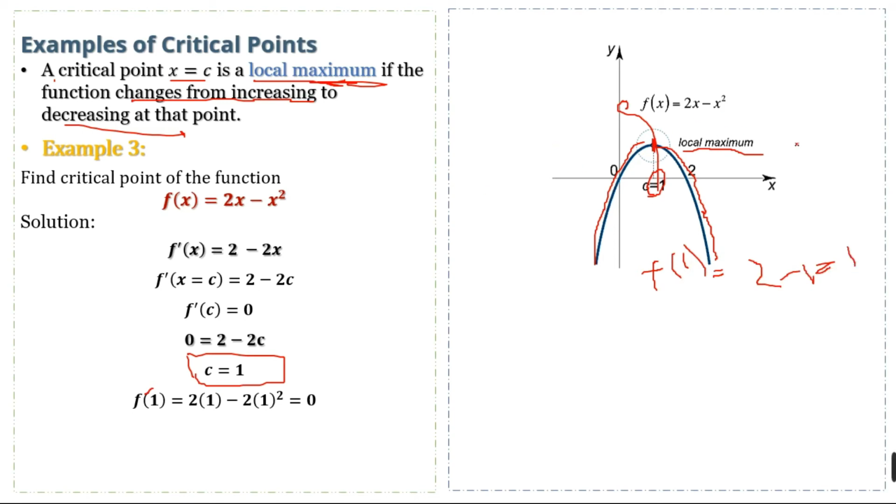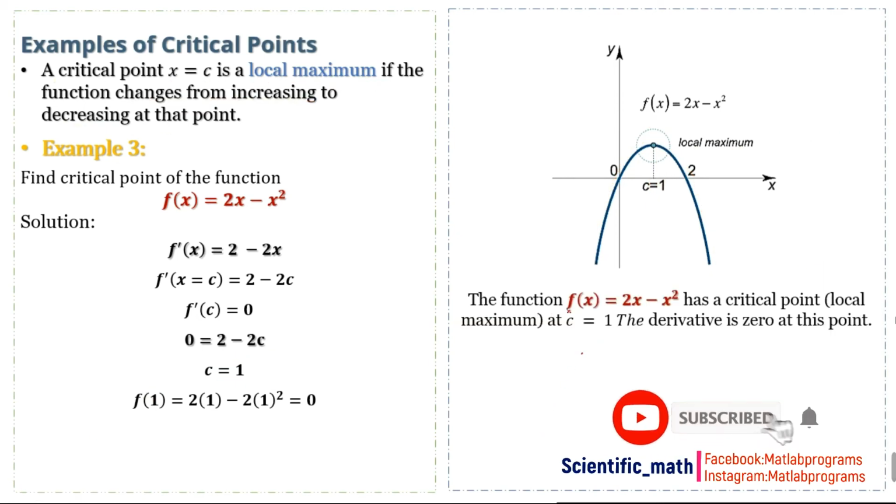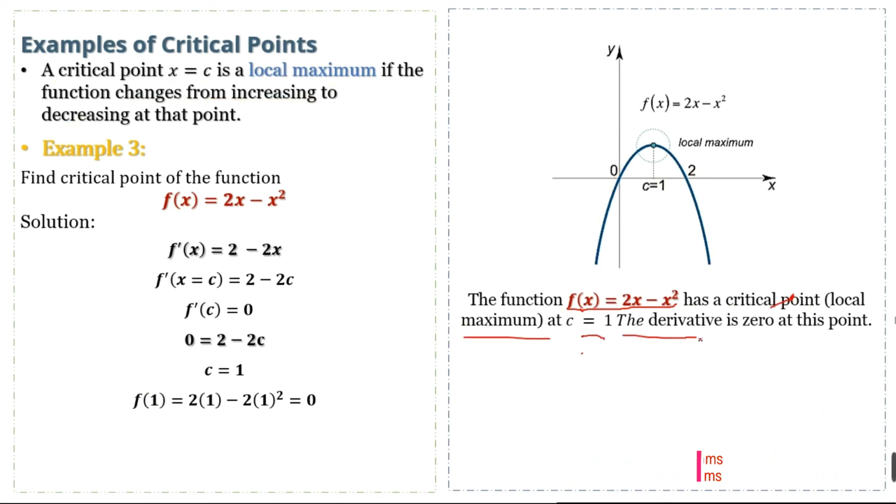So we have a local maximum point, that is (1, 1). This is our local maximum point. So the function f(x) = 2x − x² has a critical point or local maximum at c = 1, and the derivative of the function is 0 at that point.